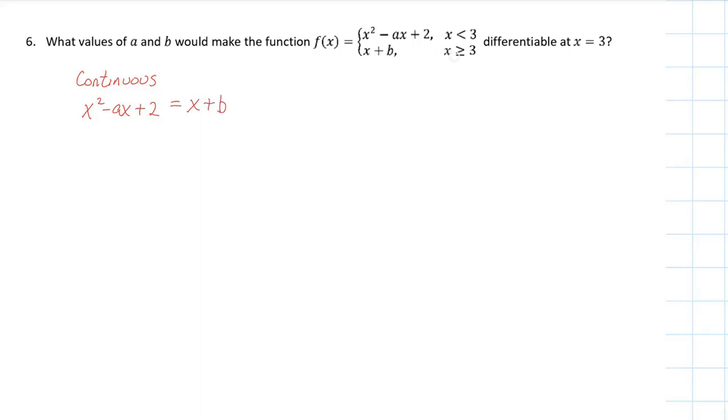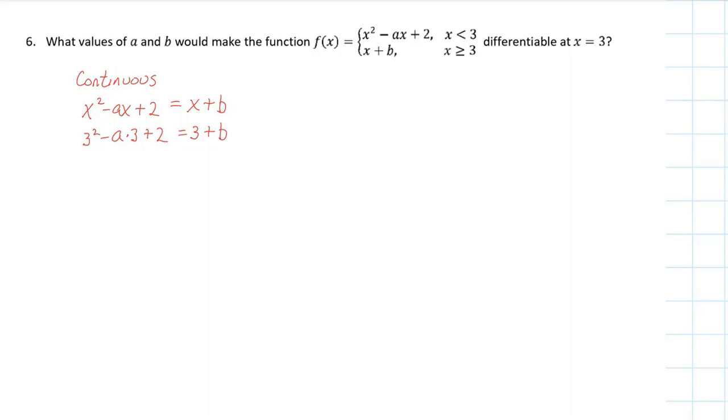I'm going to set x equal to 3 because that's where this function splits, x less than 3, x greater than 3. So I'll do 3 squared minus a times 3 plus 2 equals 3 plus b.